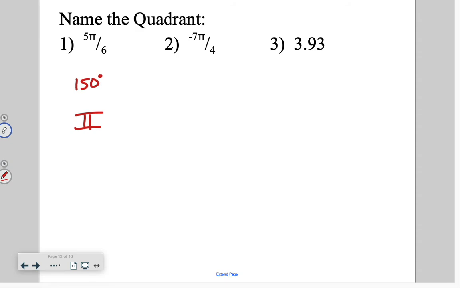It's in 4. All right. Let's see. So if I convert that to degrees, what's the degree measure? Nope, 3.